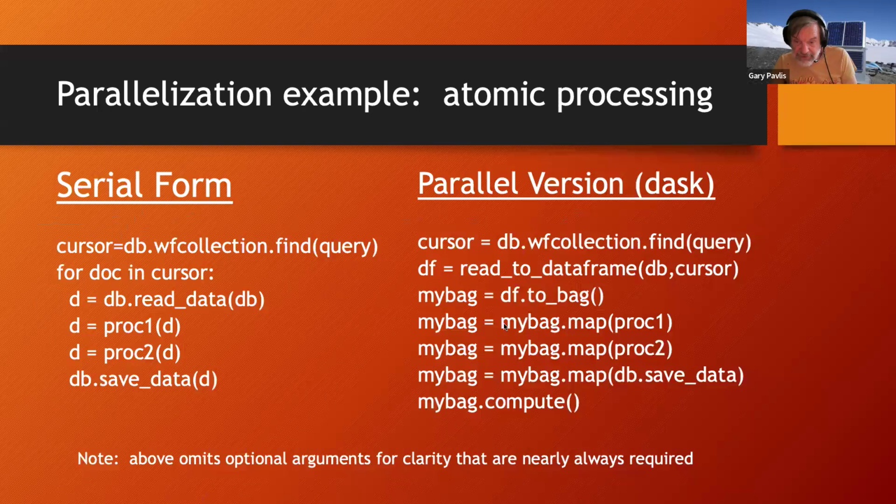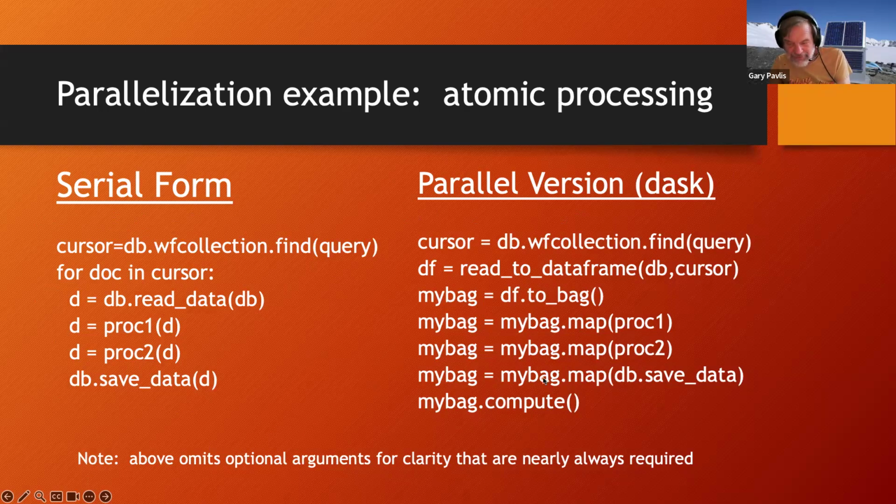And then the key difference is right here. It creates the container in the symbol my bag, and then you run on the bag a map operator running that function.